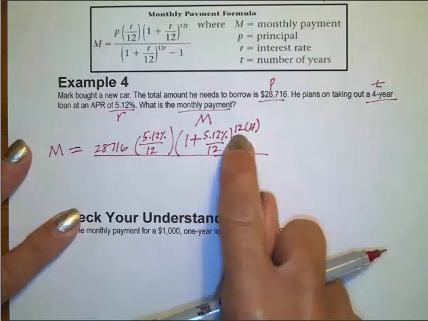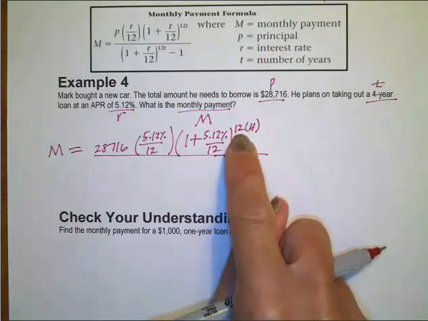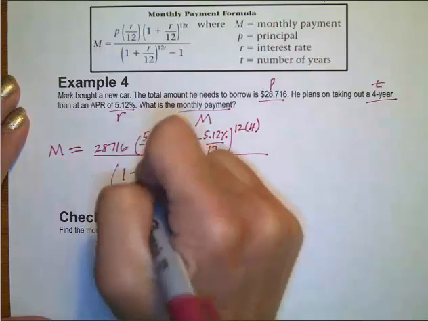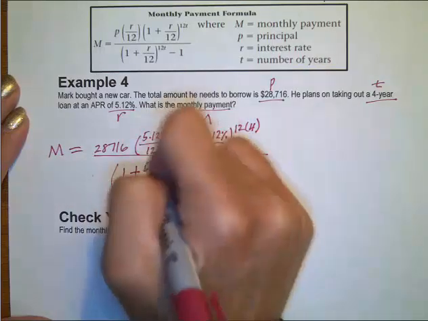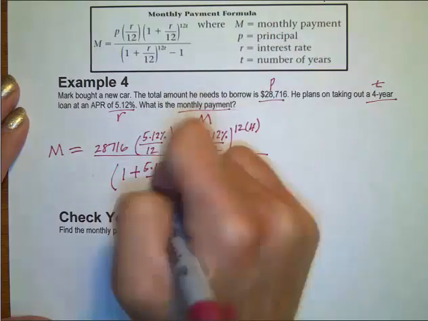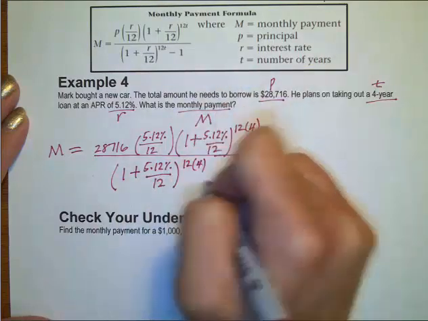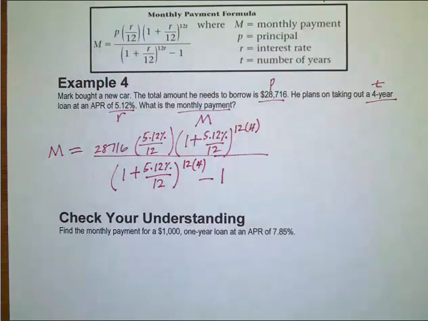Now the reason it's 12 times T is so you don't have to put the months up there. That's part of the formula. Over 1 plus your rate, so 5.12% over 12 raised to the 12 times T, which is 4, minus 1. And notice that minus 1 is outside of the exponent.